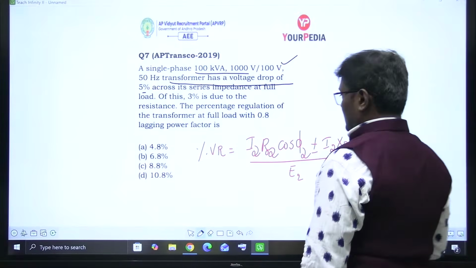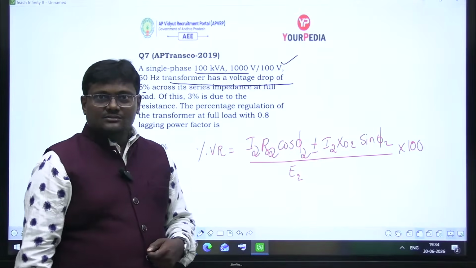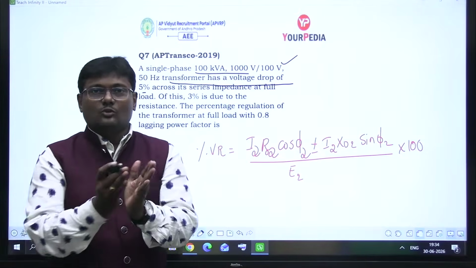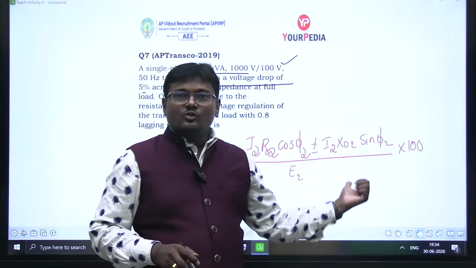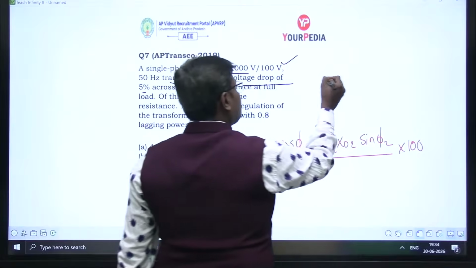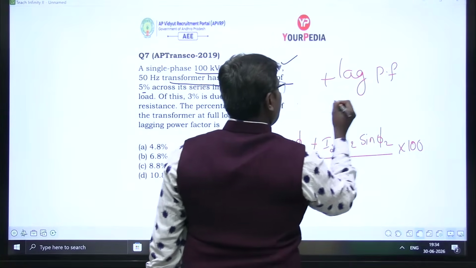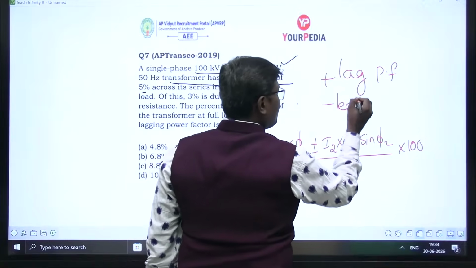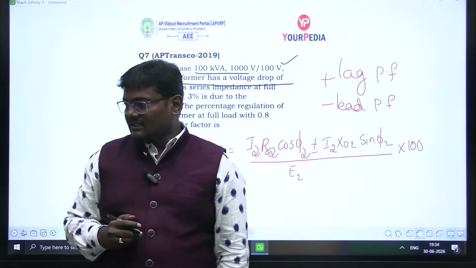I2 R02 by E2 is the per unit resistance, and I2 X02 by E2 is the per unit reactance. You know that plus is for lagging power factor and minus is for leading power factor.